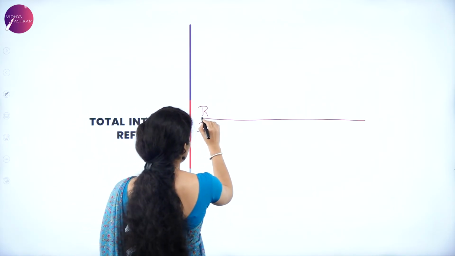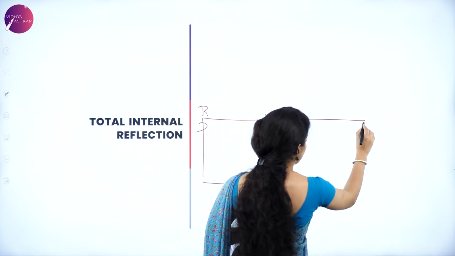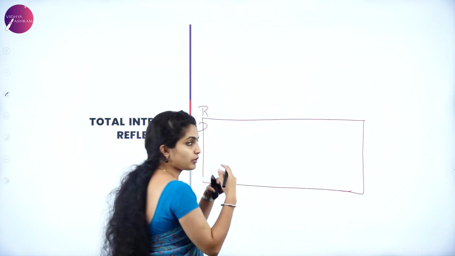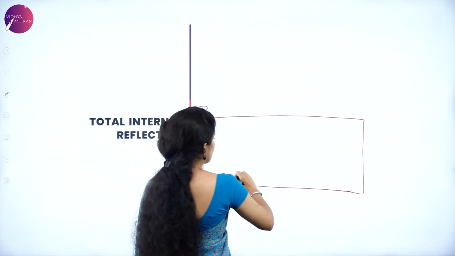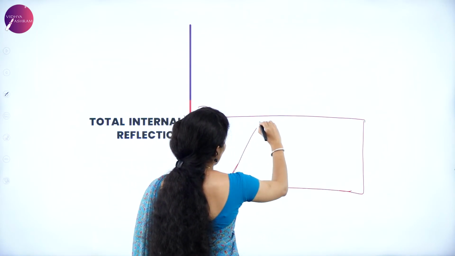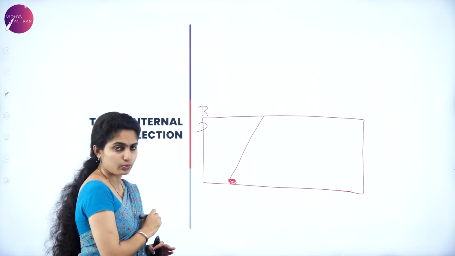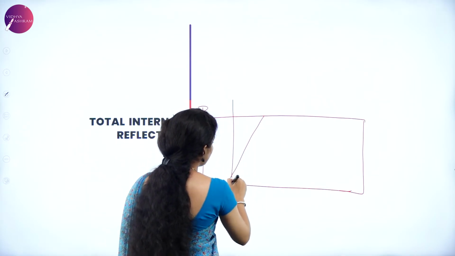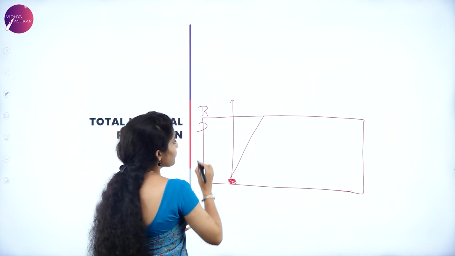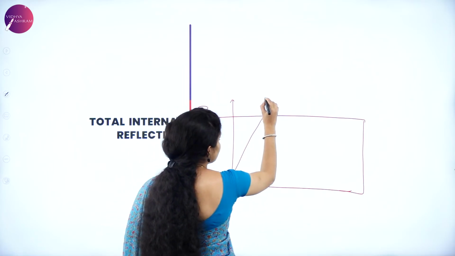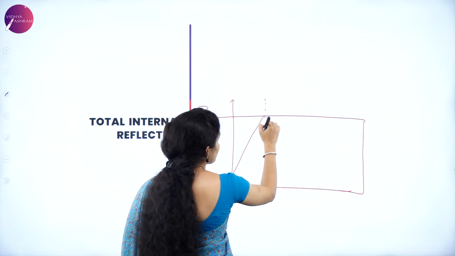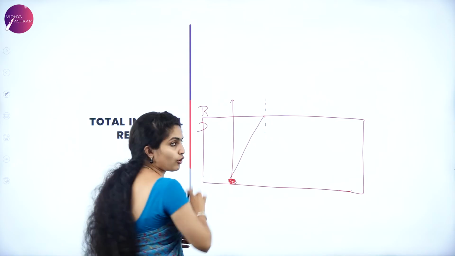So suppose there is an object which is placed over here, probably a glass slab. Suppose a ray is incident on the object in this way. You can just consider a normal which is drawn to the surface at the point of incidence.